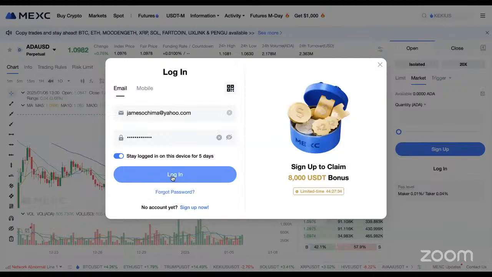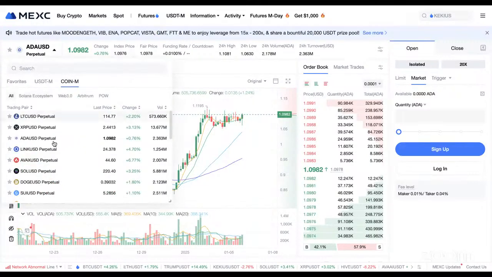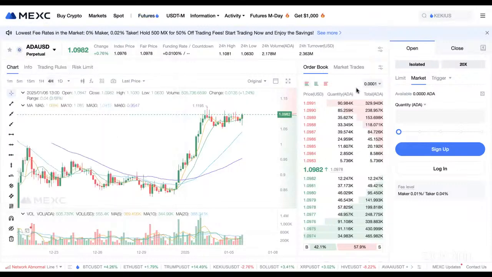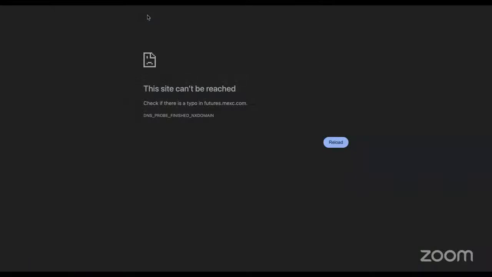I'm trying to log in now, but it's not logging me in. No problem. If you come on the assets area on MEXC, for example, this is not the futures. On the futures area where we have futures USDT. Why is my screen not opening? Just a moment, please. I'm trying.